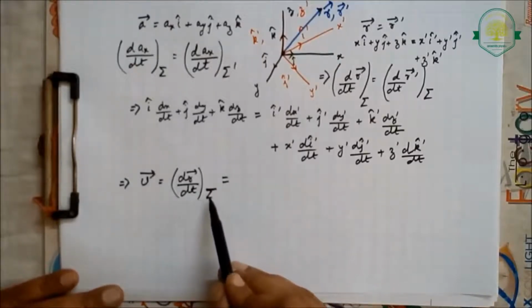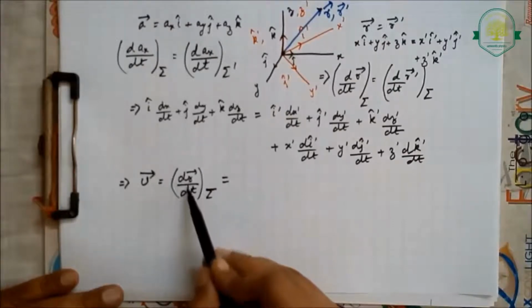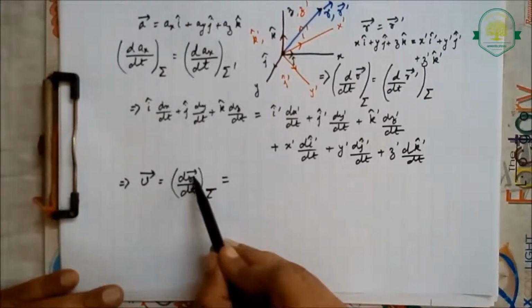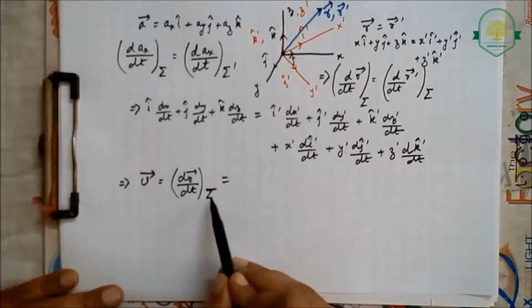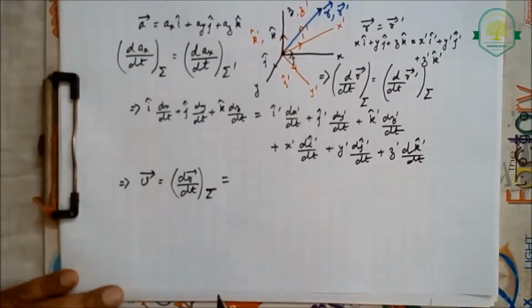The velocity vector as defined in the unprimed frame of reference is the rate of change of the position vector having been written in the unprimed frame of reference, and the differentiation also having been done in the unprimed frame of reference.